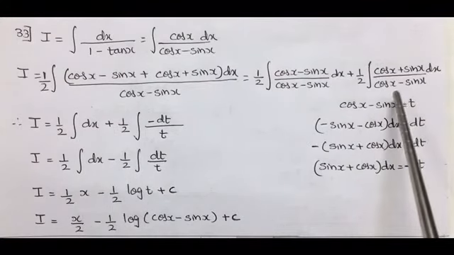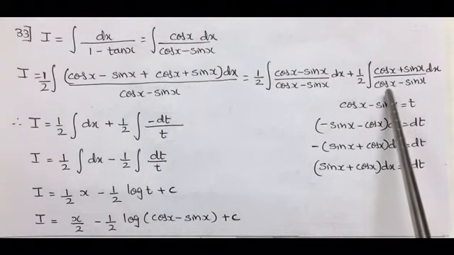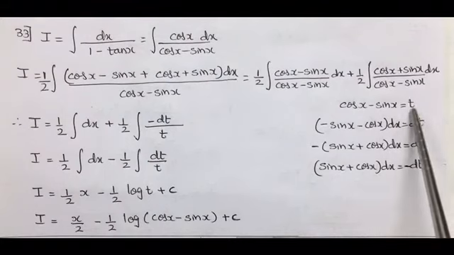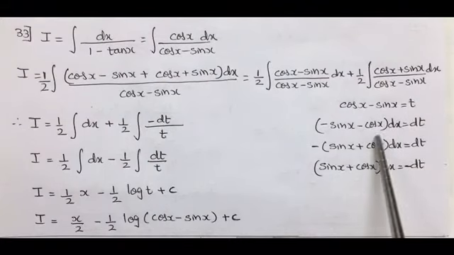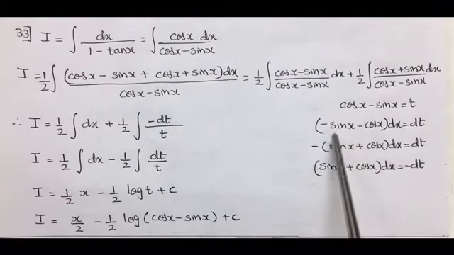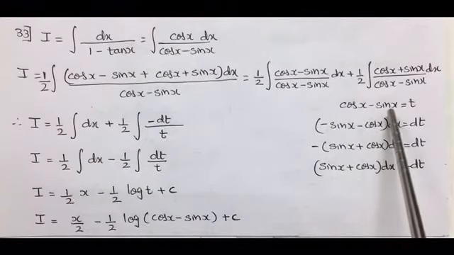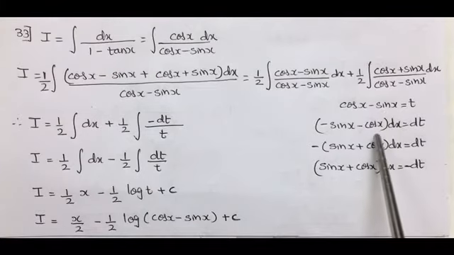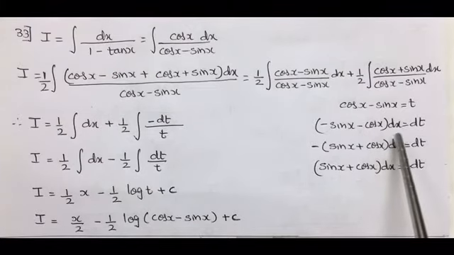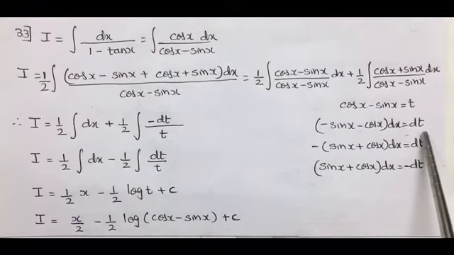In the second part, assuming cos x minus sin x as t and differentiating it, cos x differentiation is minus sin x and sin x differentiation is cos x.